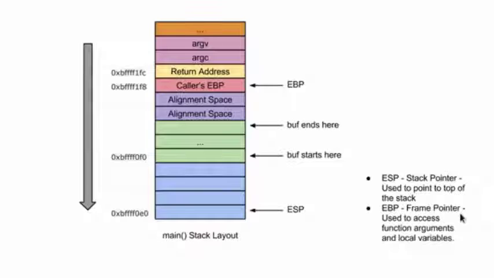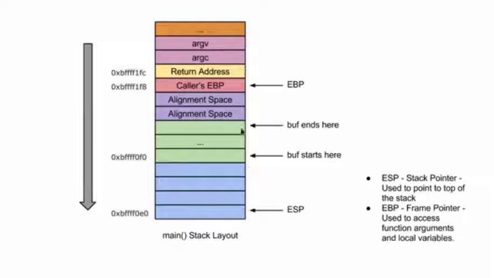A little bit of alignment space, because again, we're dealing with a 32-bit processor or a 64-bit processor. Things generally will run faster when things are aligned to the memory address, which is a power of 2, 4, and 8 respectively. And then our buffer.